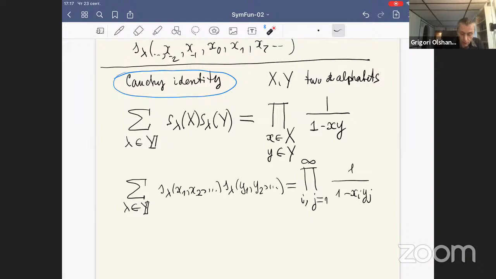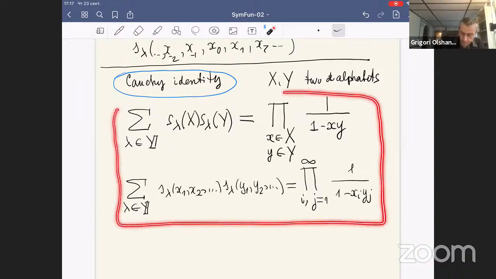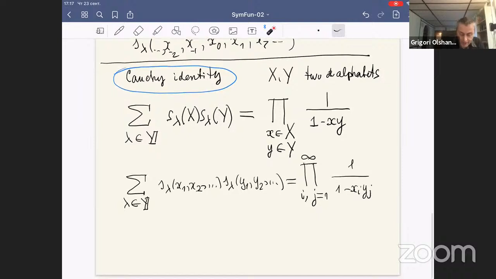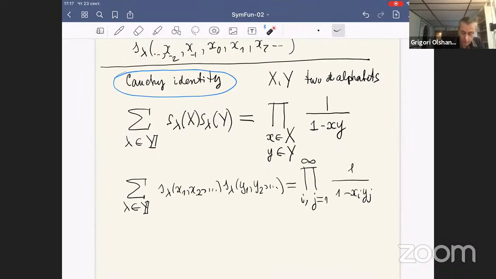The question is how to understand this. First of all, we have to stress that the left-hand side is not, excuse me. You have to understand in what algebra these objects lie.